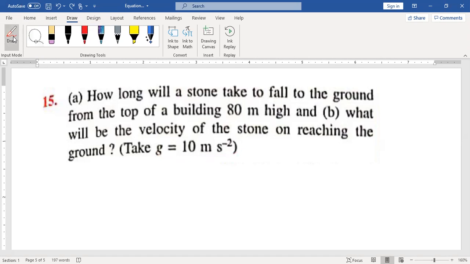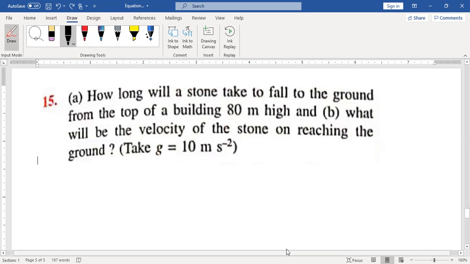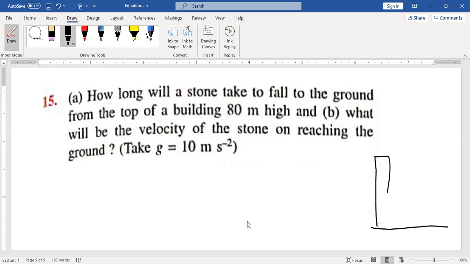How long will a stone take to fall to the ground from the top of a building 80-meter high? So the distance between the top of the building from where you are throwing a stone and the ground is 80 meter.